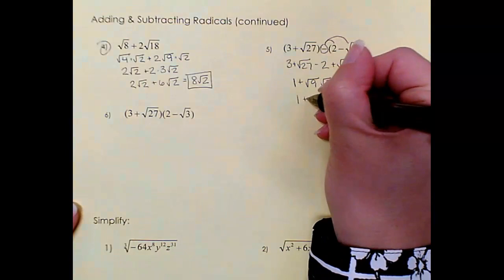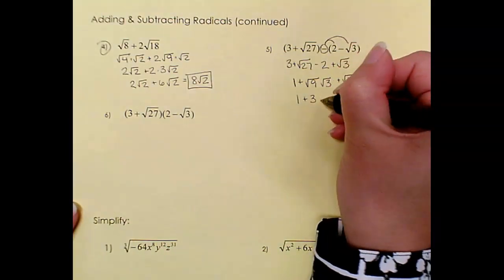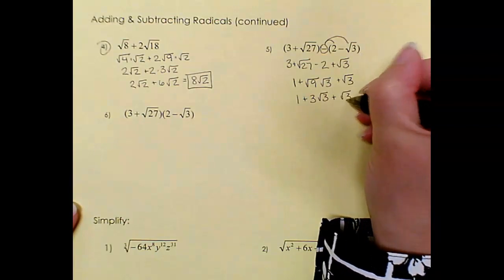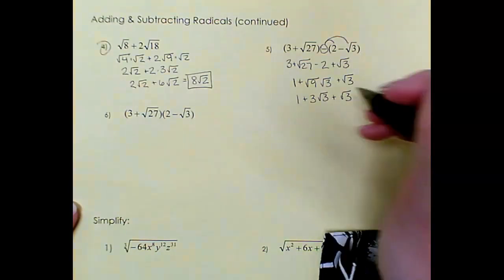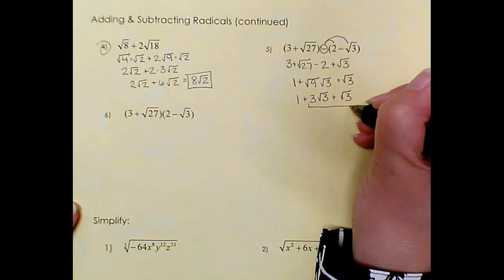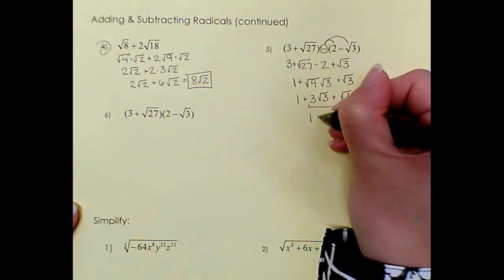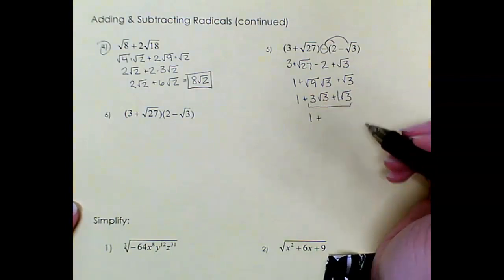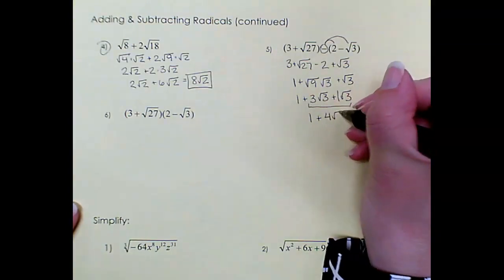We have 1 plus the square root of 9 is 3 with the square root of 3, plus another square root of 3. These are like radicals. So we have 1 plus 3 square roots of 3 plus 1 square root of 3 is 4 square roots of 3.